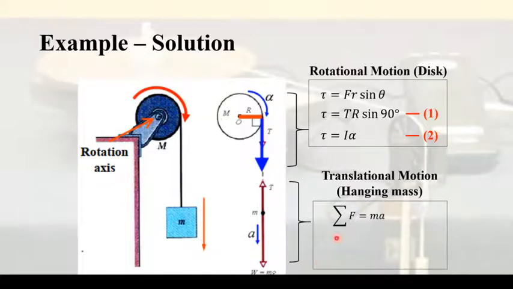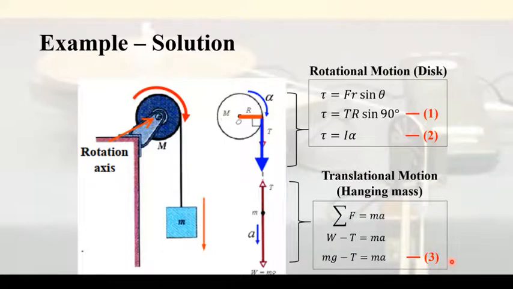So if I expand this equation, I replace the left-hand side, summation F, with W minus T. Positive weight, negative tension, because the tension is going up. So W minus T equals ma, and W can be written as mg, so mg minus T equals ma. This would be my third equation.